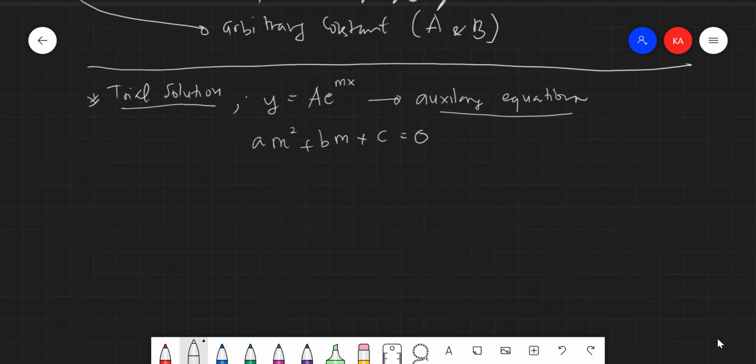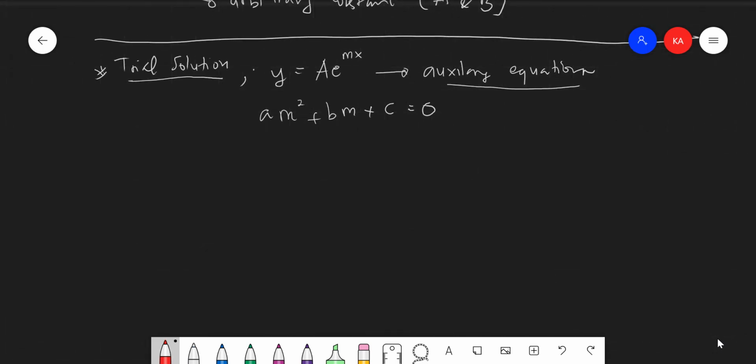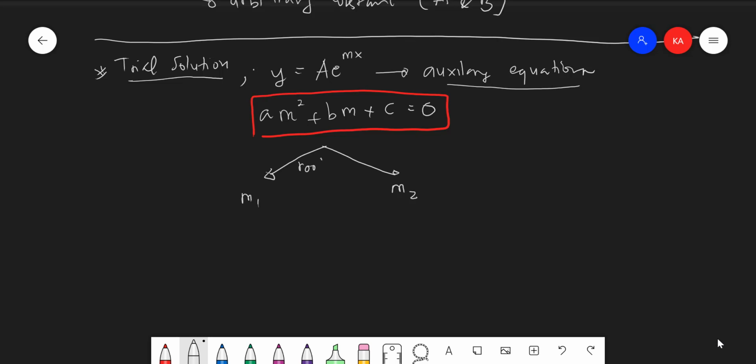So the solution of this equation has two roots. There are m1 and m2, so these are the roots. So m1 and m2, and then how to find the roots?